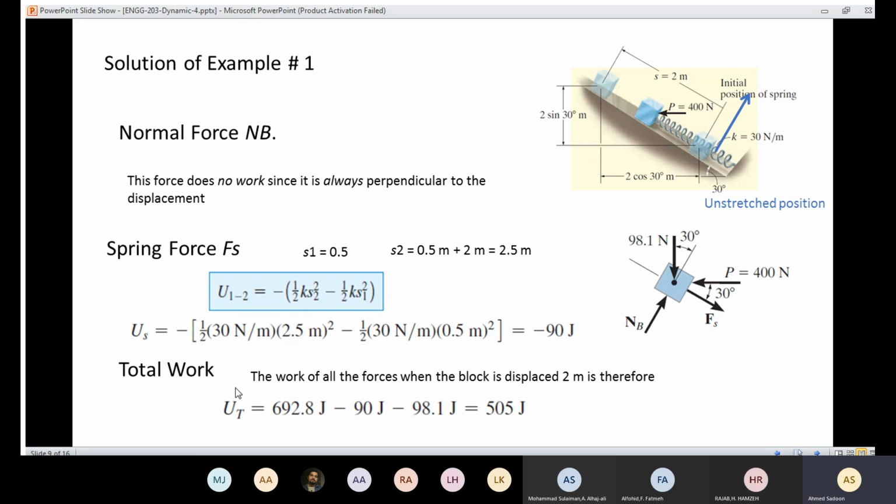Then the total work of all the forces when the block is displaced 2 meters is going to be 505 joules. So now we managed to determine the value of the total work. Of course, joule is Newton meter.